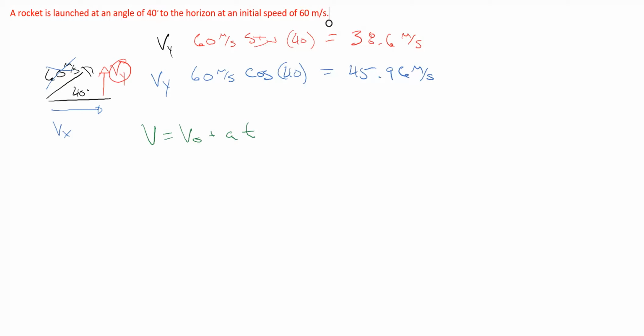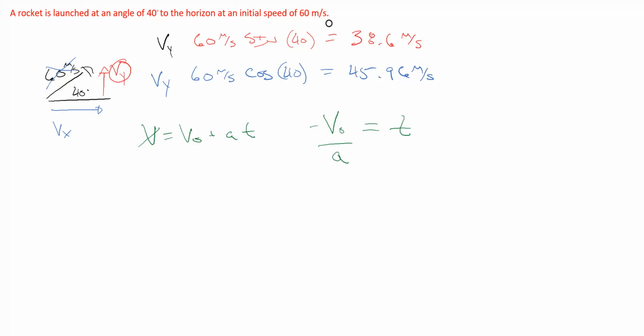Well, what's my final velocity going to be at the top? It's going to be 0. So then I just rearrange my equation to say negative v naught is equal to acceleration times time. And if I divide by acceleration, I'm just left with time.